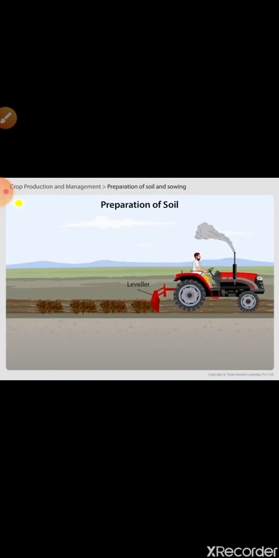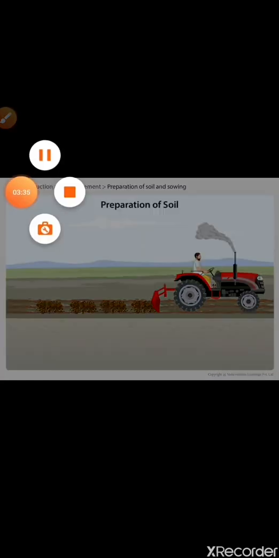For checking that, I can show you one activity. With the help of that activity, your concept will be clear on how we can check whether a seed is good or bad. Let's see.